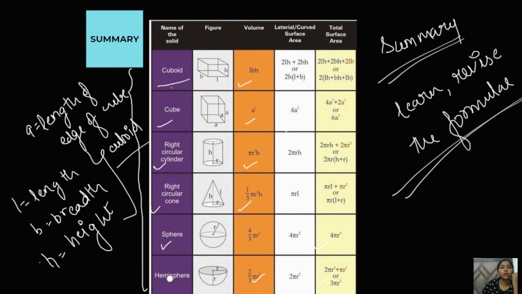Just remember that L in case of cuboid is length, and L in the case of cone is slant height, right? Just remember this thing. This is very important. Don't get confused.